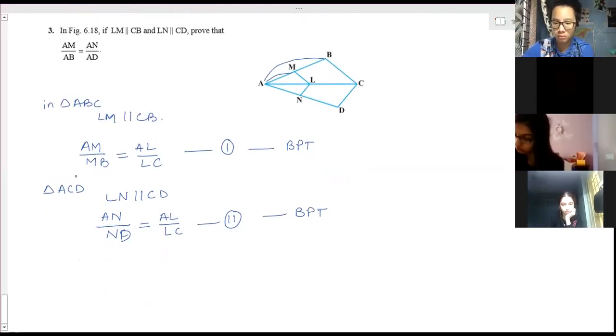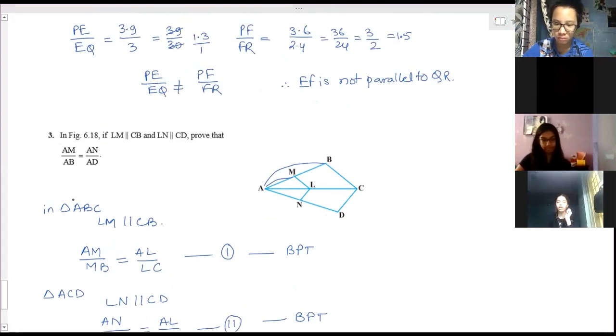Now from 1 and 2, what can we say? AL by LC is common. So therefore AM by MB is equal to AN by ND. This way we got it, but what we need is AM by AB and AN by AD, that means the full sides are needed.